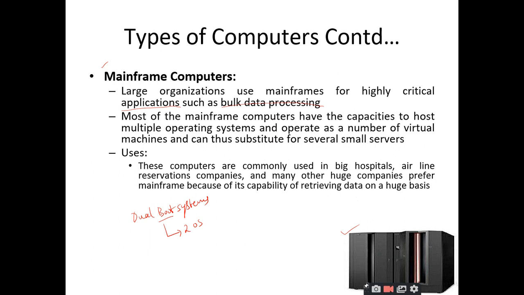So desktop systems are capable of holding only two operating systems, but these mainframe systems are capable of holding more than one or two operating systems, and we can make use of these mainframes as a server also. And the applications of these computers are, as I told, big hospitals, airline reservation companies and many other huge companies that prefer mainframes because of their capability of retrieving data on a huge basis.